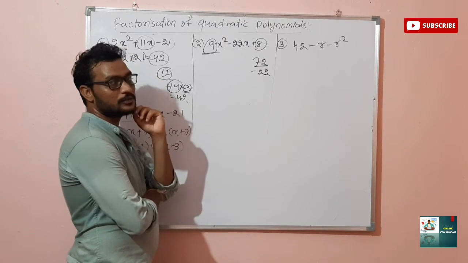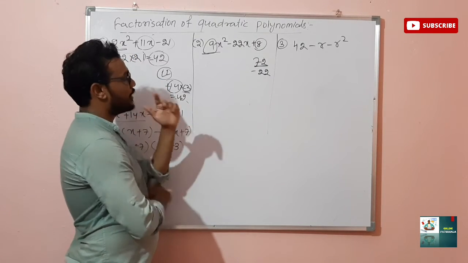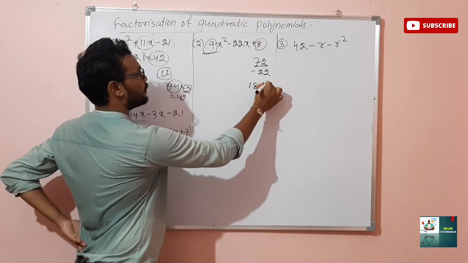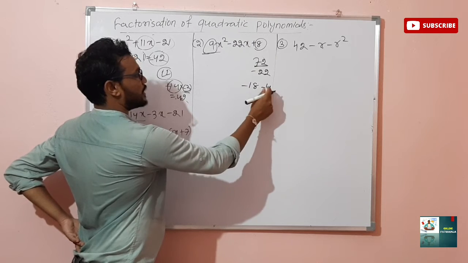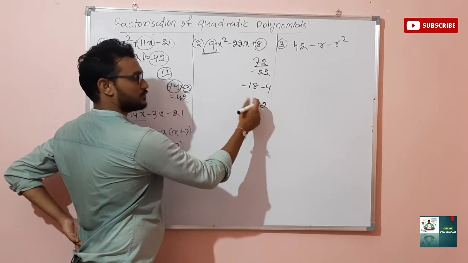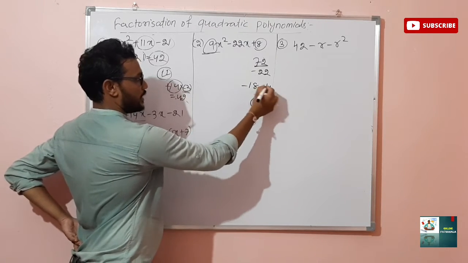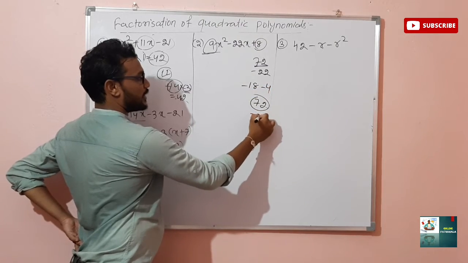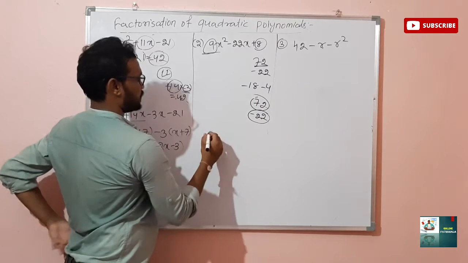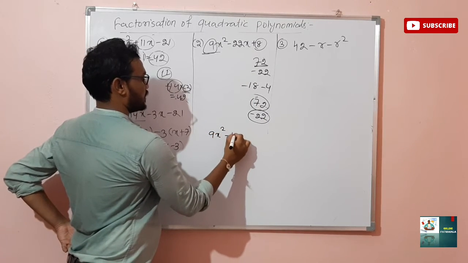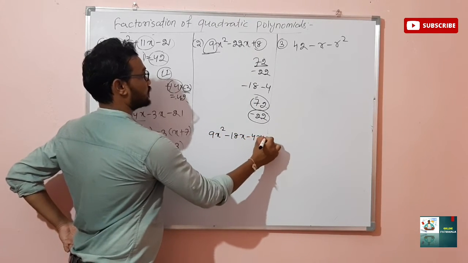What are the factors of 72? If I take 18 and 4, then minus 18 and minus 4 give 72 as the product, and if we add these two, we get minus 22. So we have got the numbers. So this will be 9x square minus 18x minus 4x plus 8.